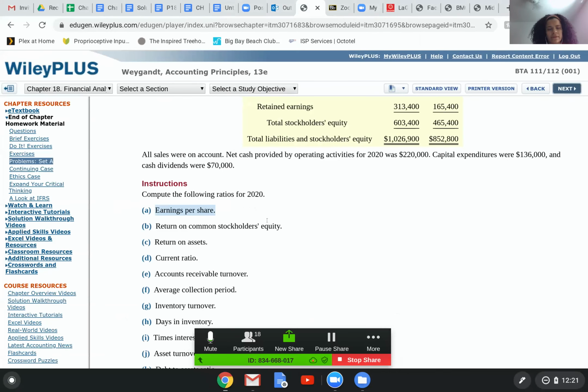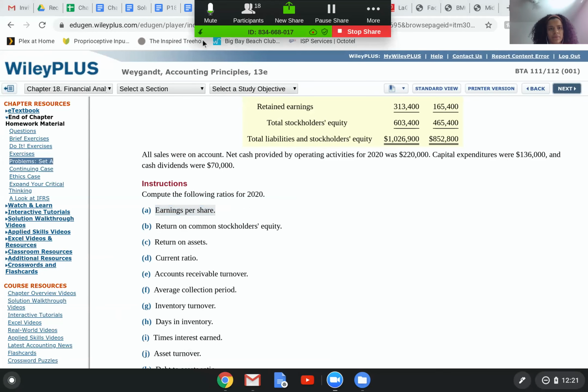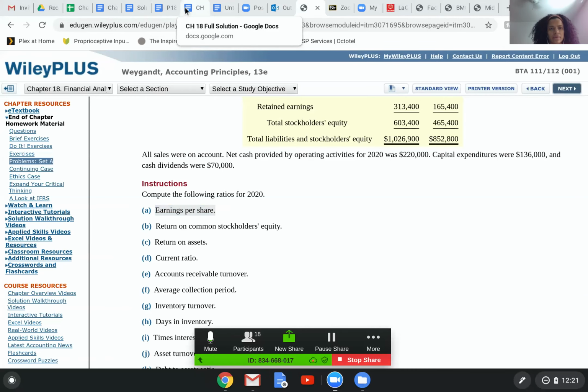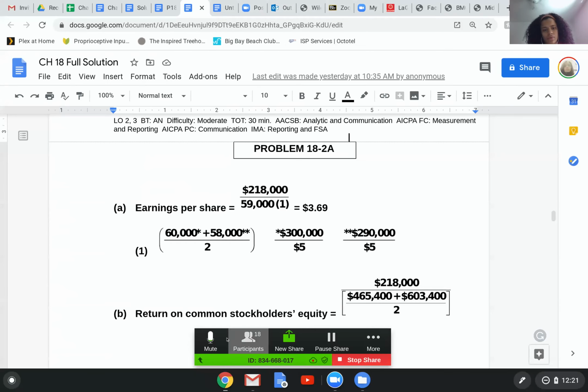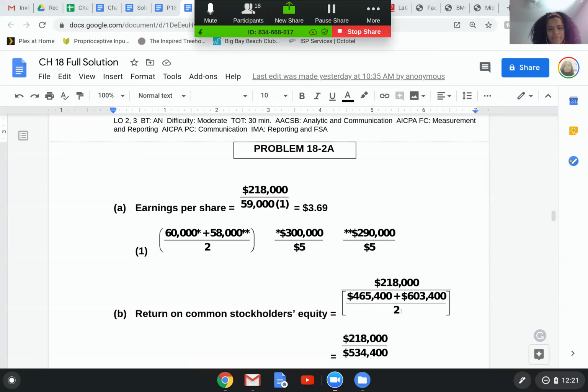All right, return on common stockholders' equity. I don't know what's the best way here to organize this. You've got your net income, 218,000, and then at the bottom, remember the formula is the average common stockholders' equity.